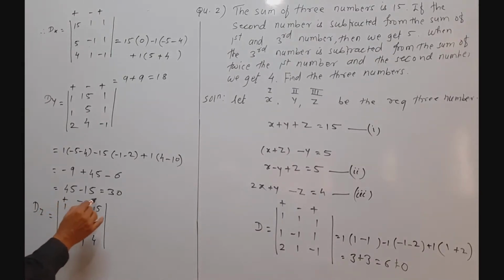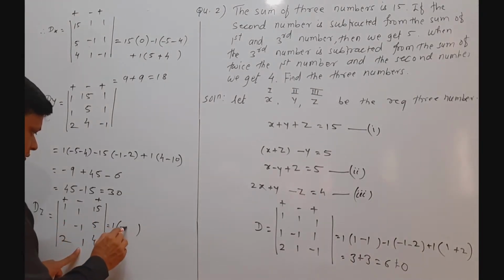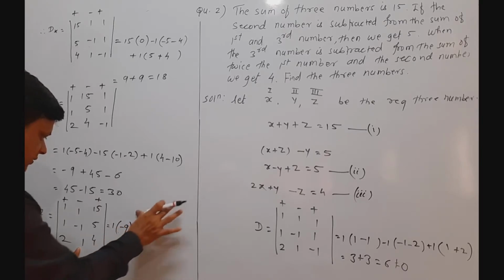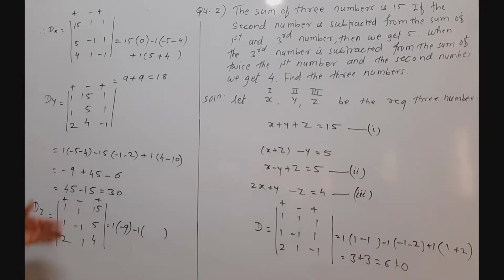Now expand this along first row. So right here 1 in bracket, minus 1 into 4 is minus 4, minus 4 minus 1 into 5 is minus 5, minus 4 minus 5 which we get minus 9. Then we write here minus 1 in bracket, we skip first row, then second column.